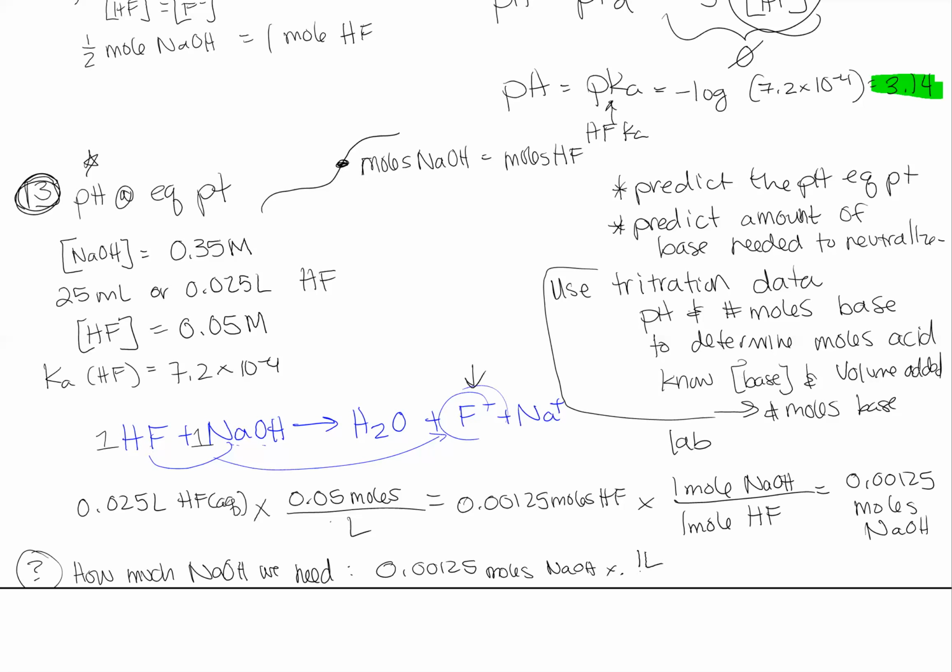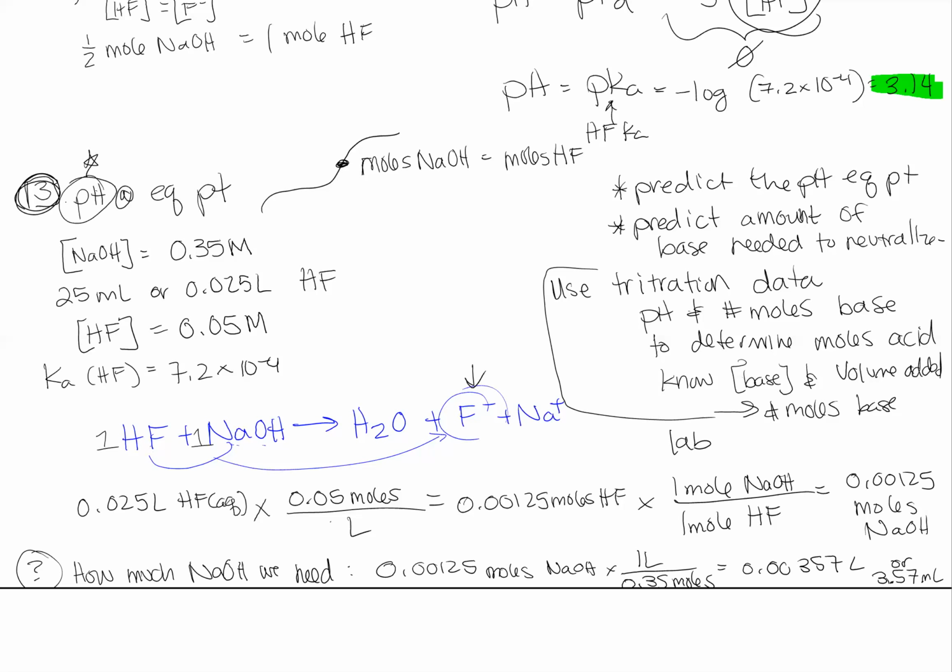So 1 liter divided by 0.35 moles for our base, which would give us 0.0035 liters, or 3.57 milliliters. So we expect to hit the equivalence point after just adding a little bit over 3 milliliters of our sodium hydroxide to the solution. Okay, but let's focus on the question.